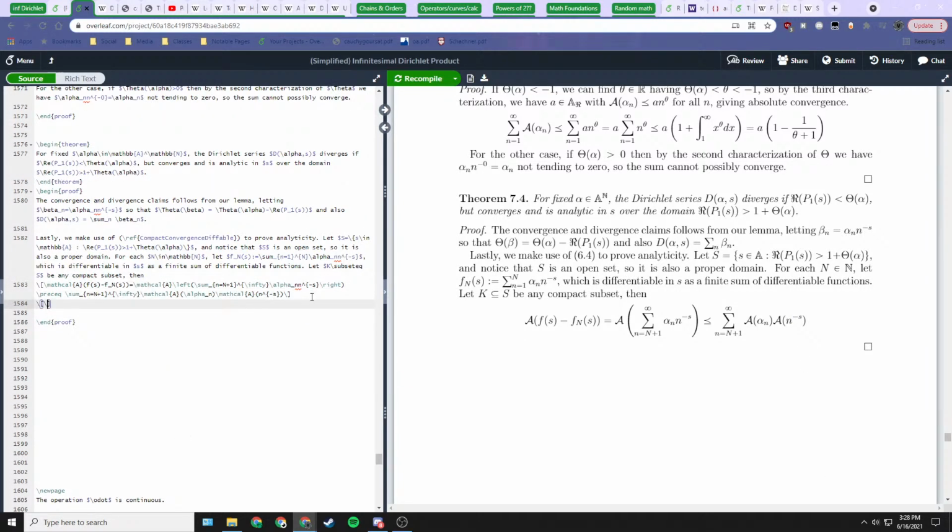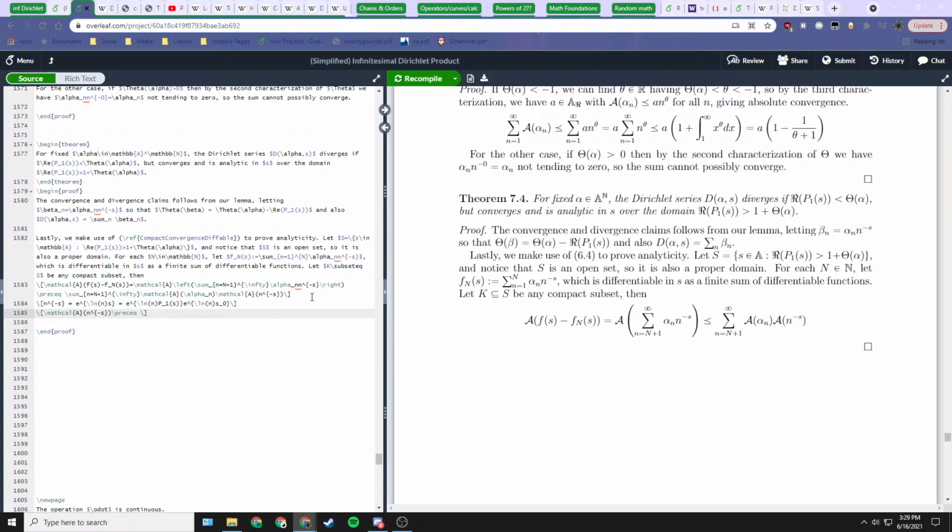So just to be clear, n power minus s is equal to e to the power of ln of n times s, which is e to the power of ln of n times p1 of s multiplied by e to the power of ln of n times s0, and we're doing the absolute value of this, so this would be n power minus s.